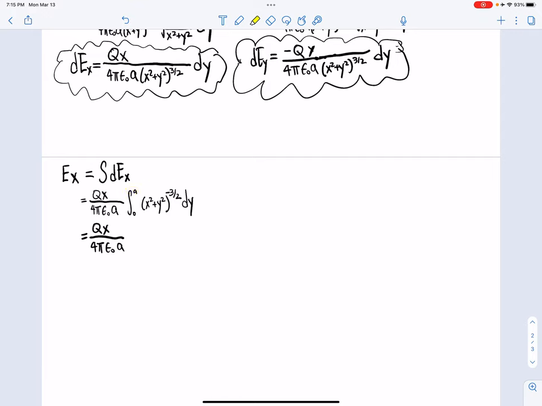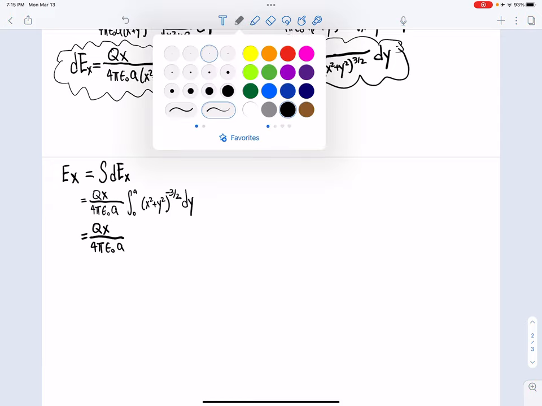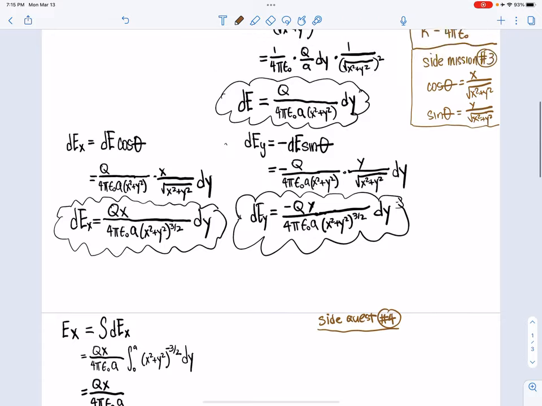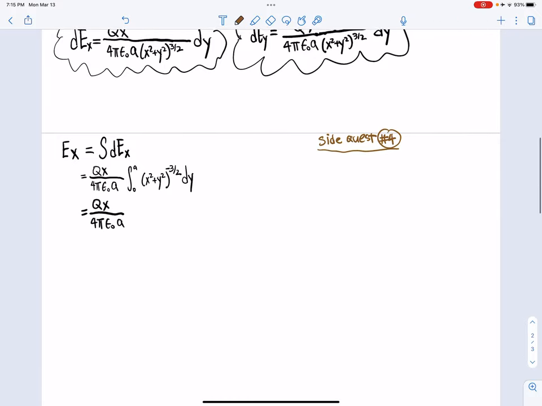I'll use brown for side missions. So side quest, I think this is number 4, because this one was 3. Okay, this is side quest number 4.